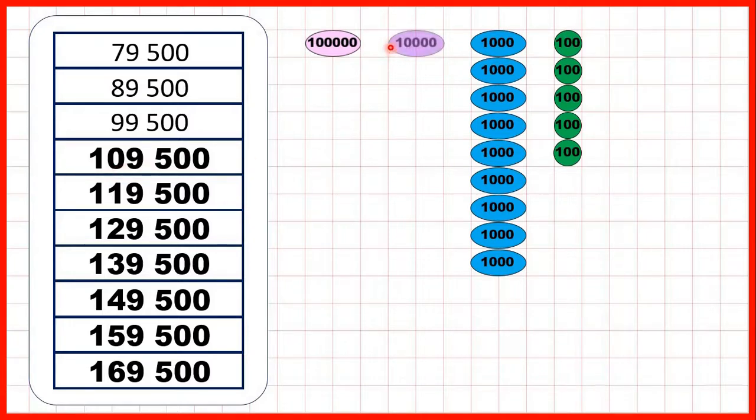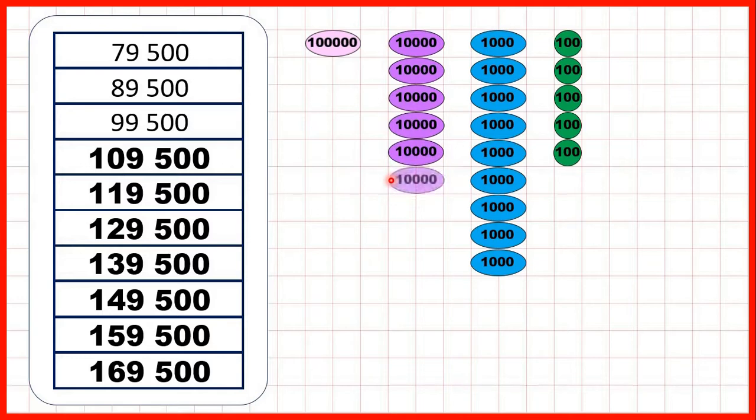So now we can keep on adding 10,000s until we get to 169,500. So that's 1 100,000, 6 10,000s, 9 thousands, and 5 hundreds, because of course the thousands and the hundreds stay the same because we're counting in 10,000s.